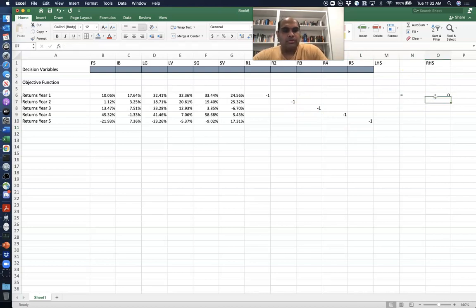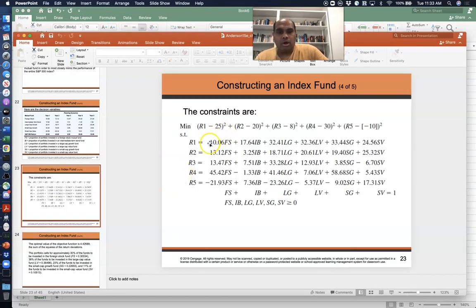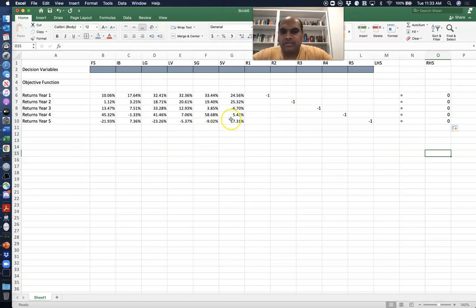So the constraints are all of this, which is what the percentages are, minus R1 equal to 0, because you're just moving R1 to the other side of the equation. One side becomes 0, the other side has all the variables in it. That's the way I like to do it.